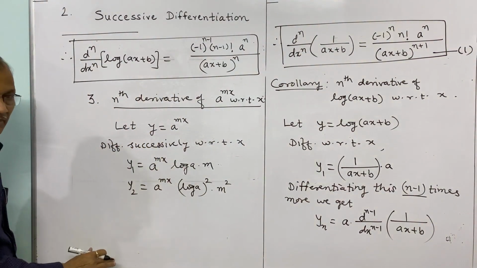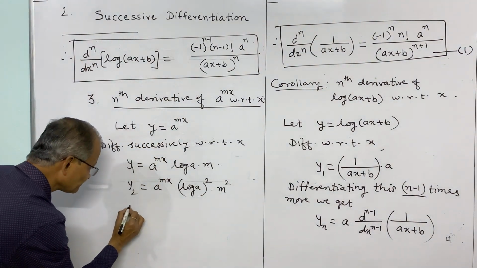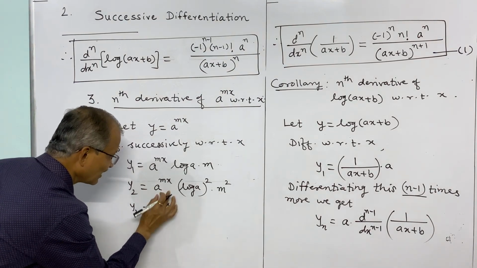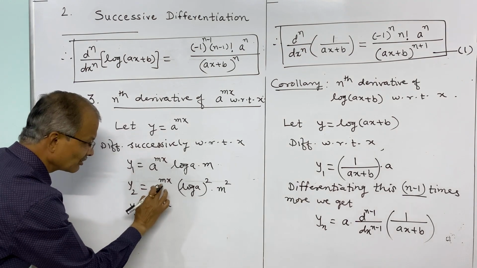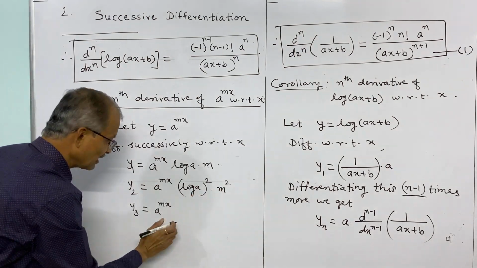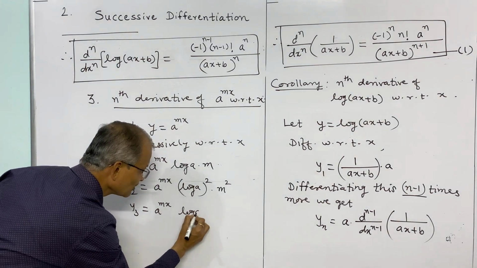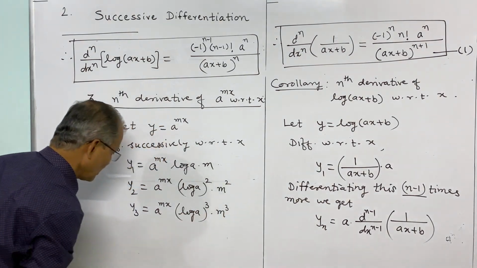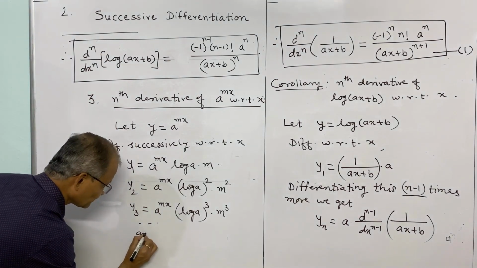Repeating the formula, y3 is a to the power mx, the derivative of this a to the power mx into log a into m, and these terms will get multiplied and the power becomes now 3, log a to the power 3, m to the power 3, and so on.